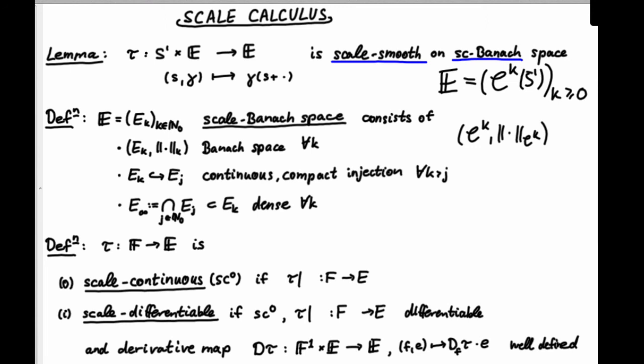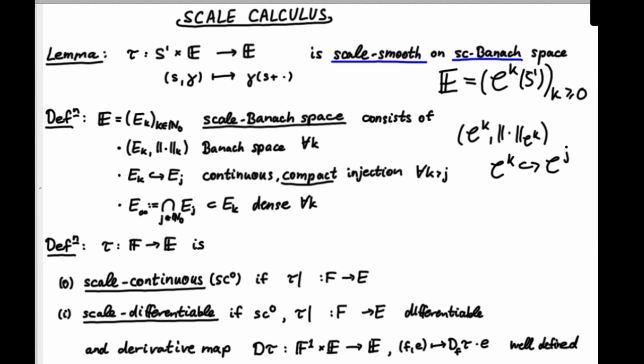So that's the Banach spaces. I have injections whenever k is bigger than j. The natural map is in fact continuous, and because I'm on a compact domain, that's actually even a compact inclusion. So that's a good thing.